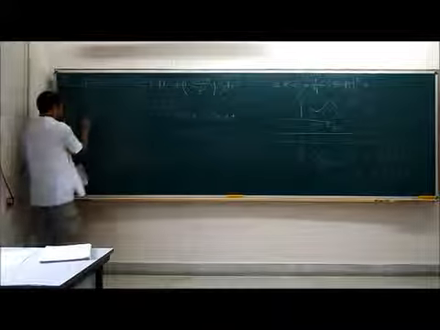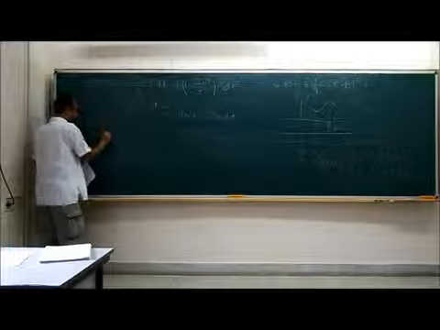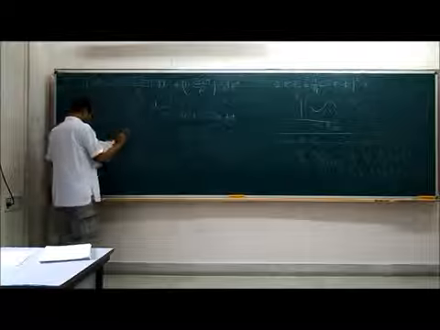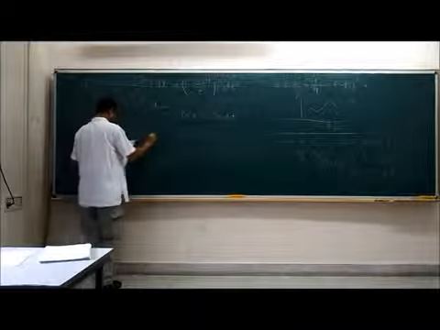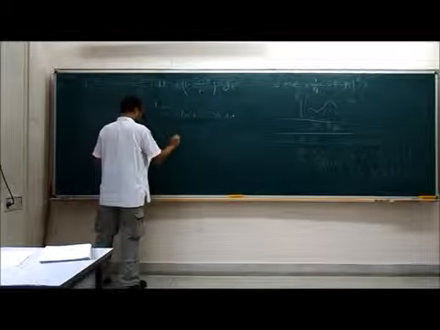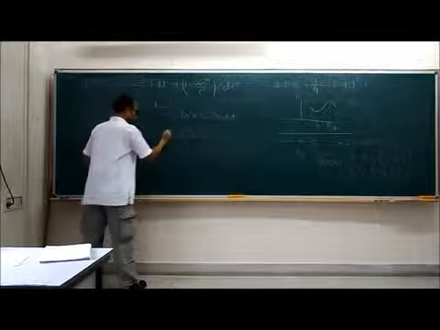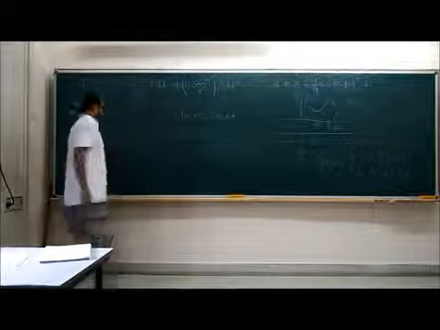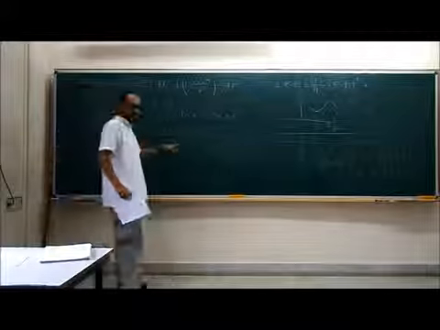Define first the new radial coordinate rho star, which is rho plus 2gm log of (rho over 2gm minus 1). This coordinate transformation of course is singular at rho equal to 2gm.